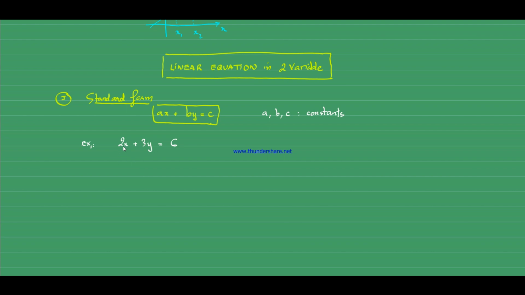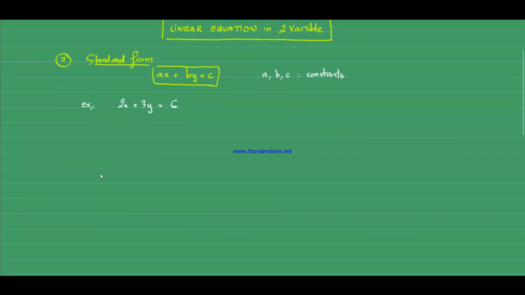You see over here we have a is 2, b is 3, and c is 6. So this is a linear equation, and it represents a line. What does the line look like? Let's see. We can go ahead and graph this linear equation in 2 variables, and we're going to use a very traditional method of graphing.